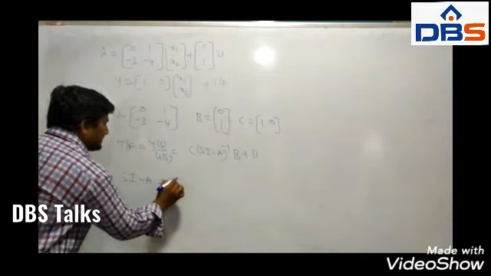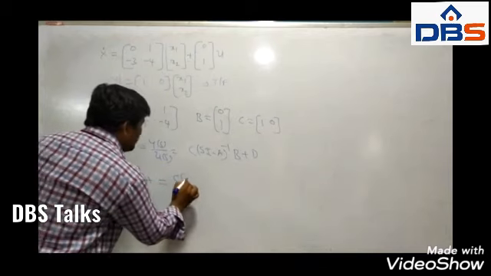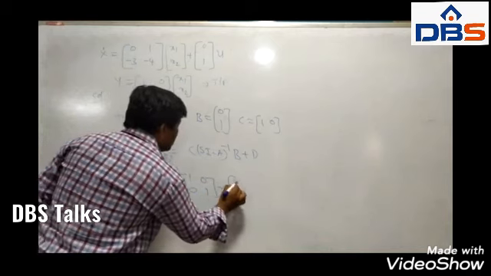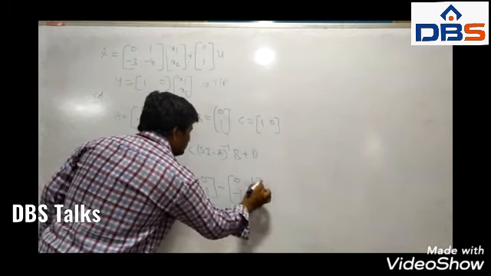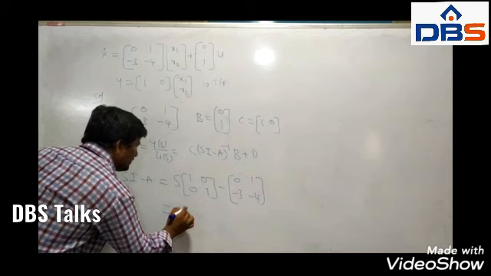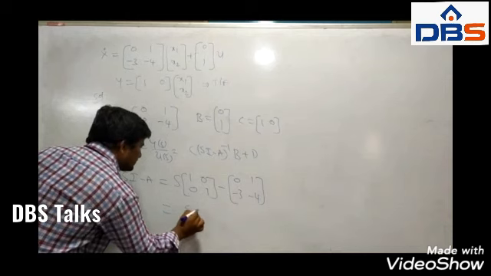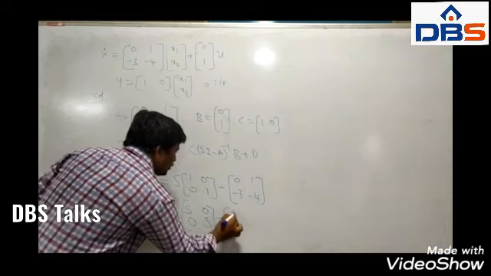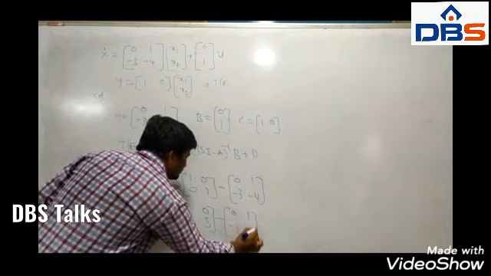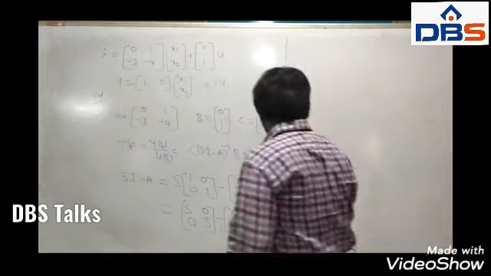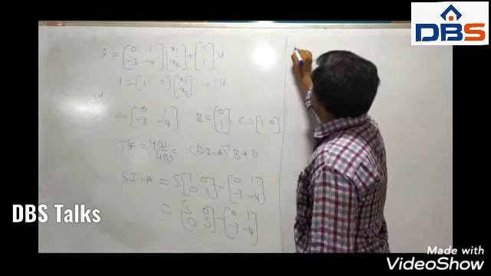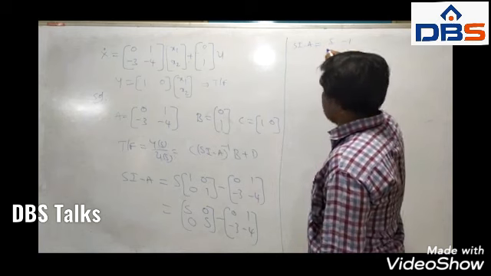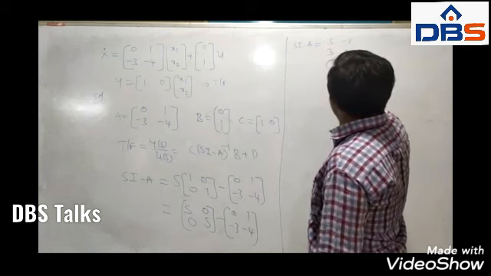This is a 2 by 2 matrix, that is s [1 0; 0 1] minus [0 1; minus 3 minus 4], that implies [s 0; 0 s] minus [0 1; minus 3 minus 4]. So sI minus A equal to [s minus 1; 3 s plus 4].